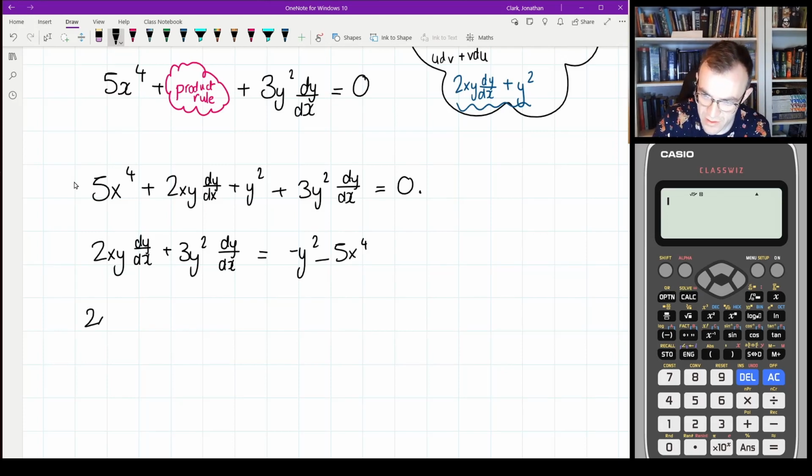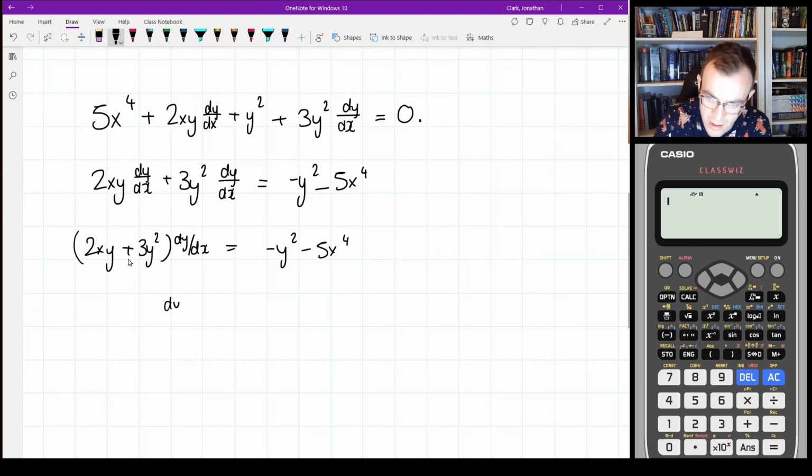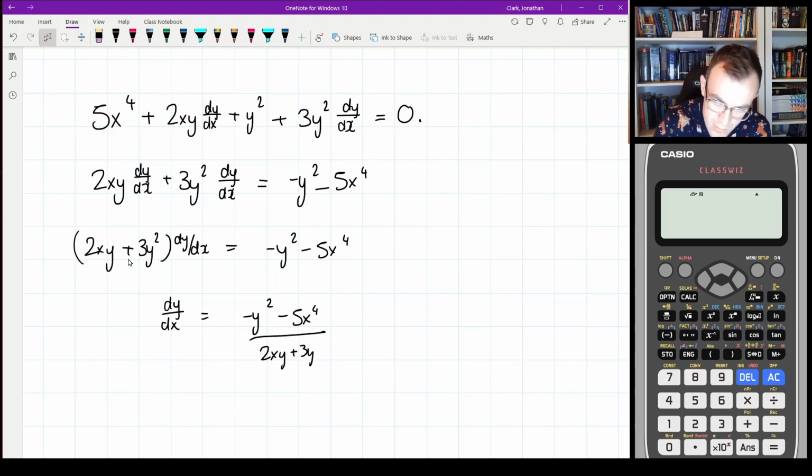I'll factor out this part, and then finally, I'll take this down to the right side. Okay, lovely. So I've got an expression for dy/dx.